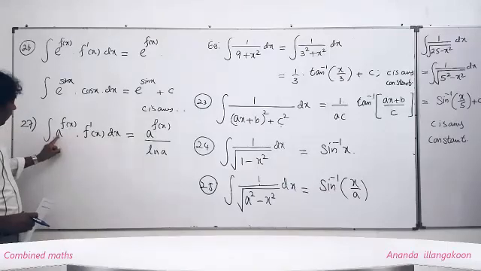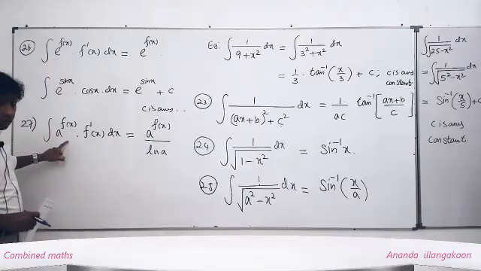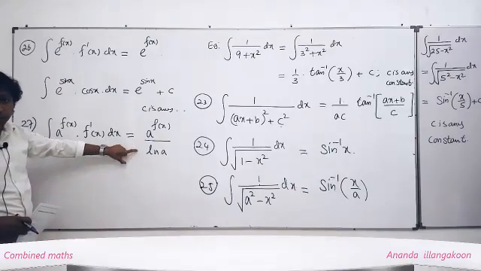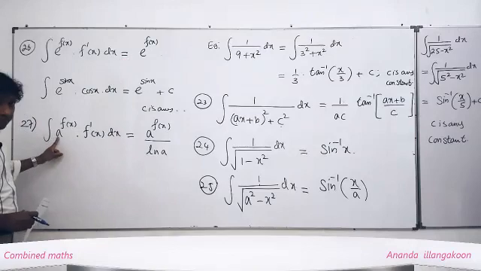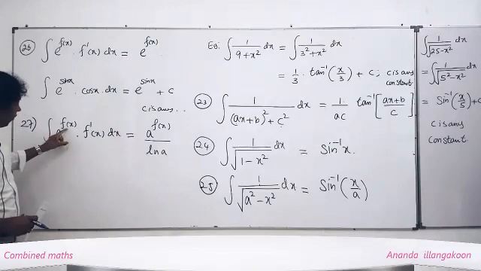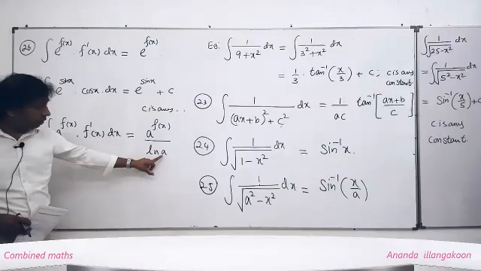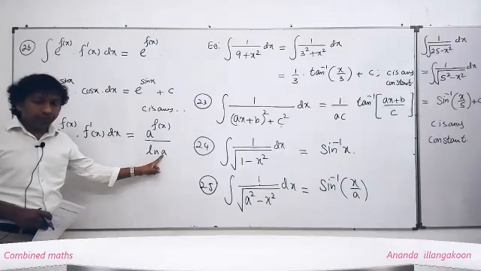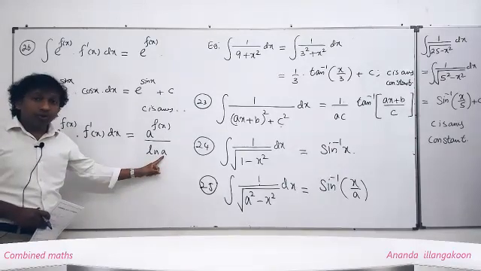People, now when this a becomes e, still by using this you can take this. Suppose in the place of a we put e, we have e to the power f(x) into f dash x dx. Then here we get e, no? Because a is now e. ln e means 1, people.